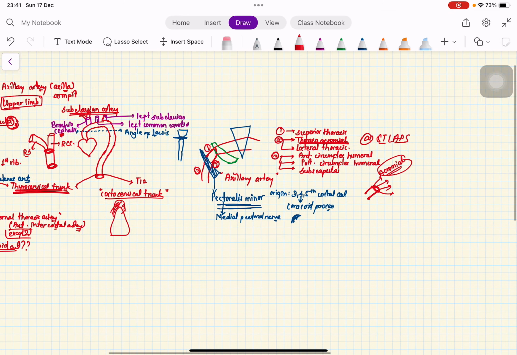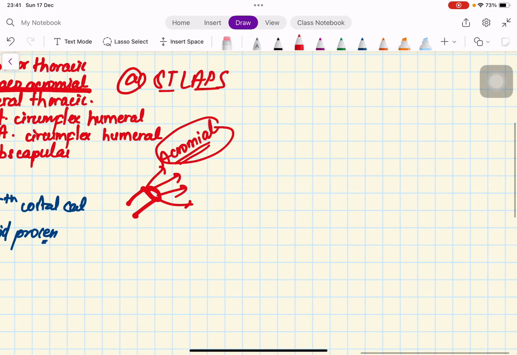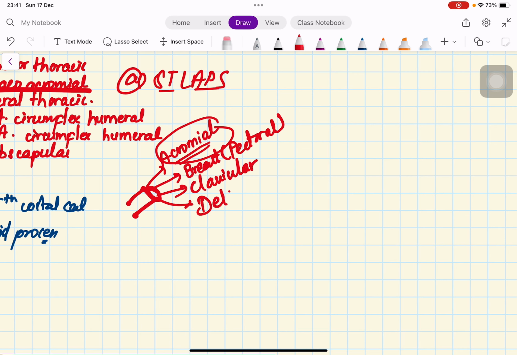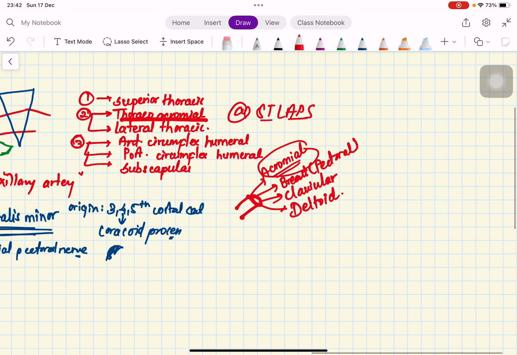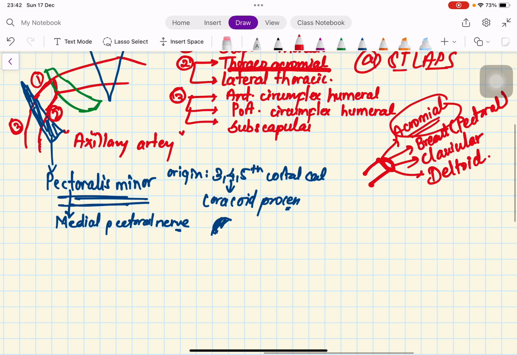Yes, it is. B stands for breast, but we call the breast part the pectoral, so this is the pectoral branch. Then the clavicular, and then the deltoid. Great, that's awesome.